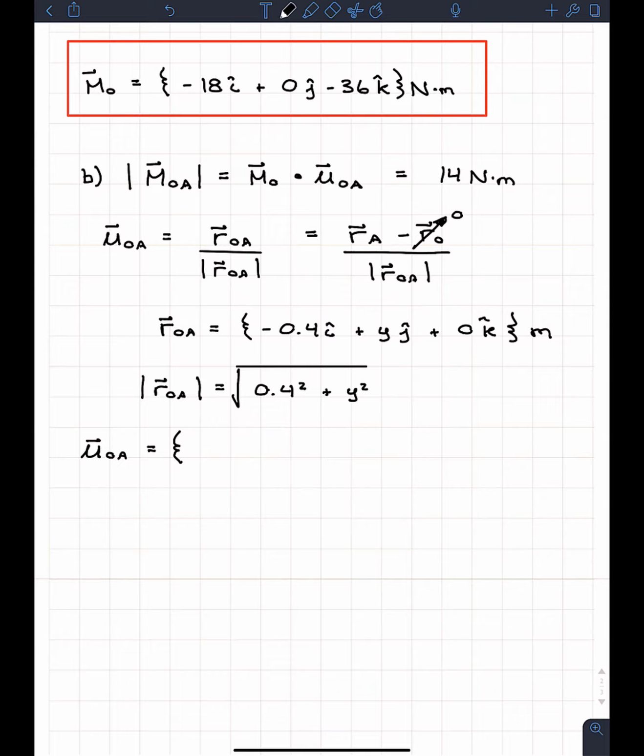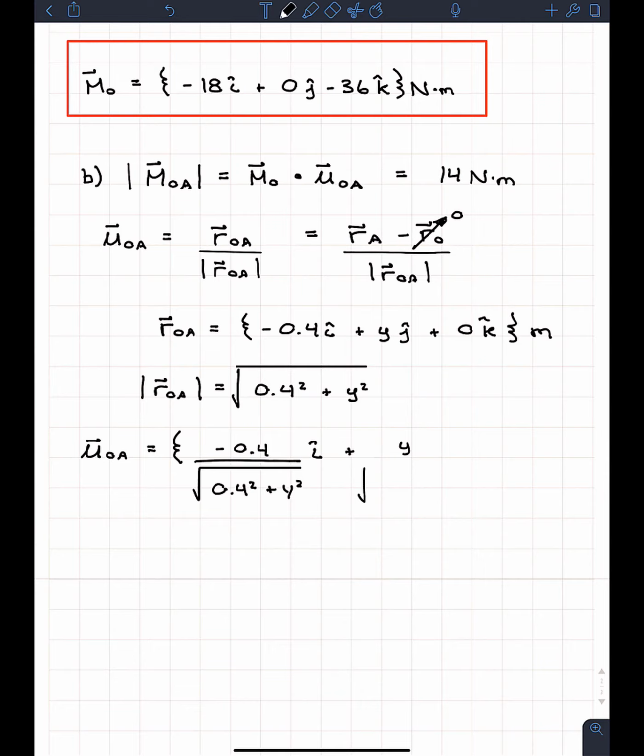So the first one's going to be negative 0.4, and that's going to be all over the square root of 0.4 squared plus y squared. And that's just in the I direction. And then we're going to go plus, and it's going to be y all over all this crap.